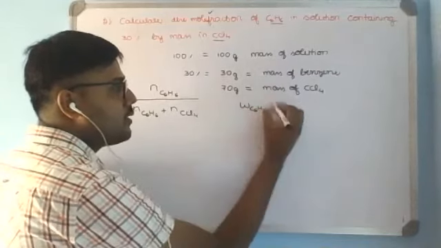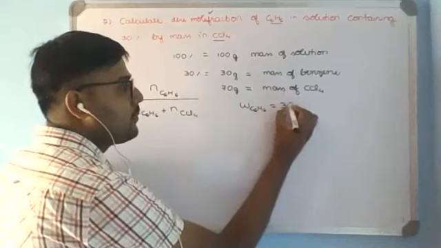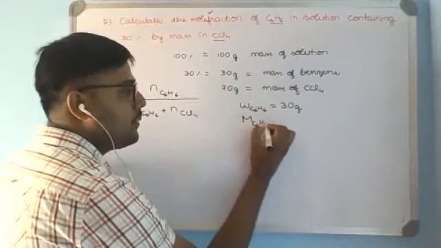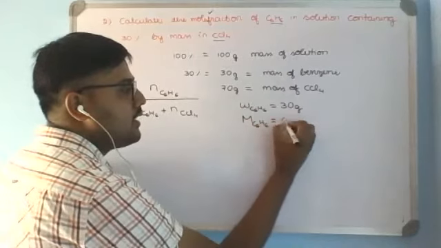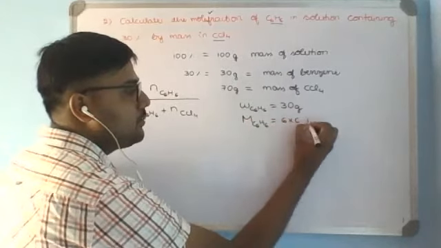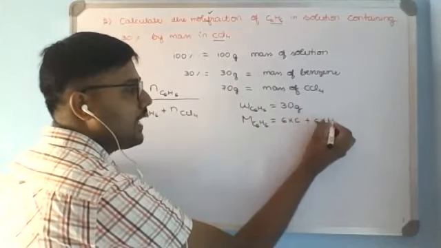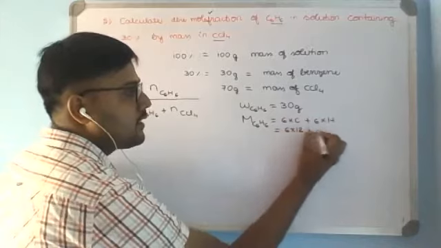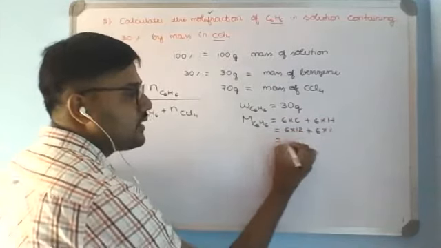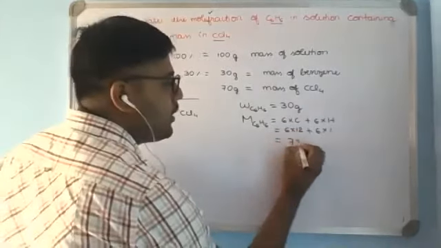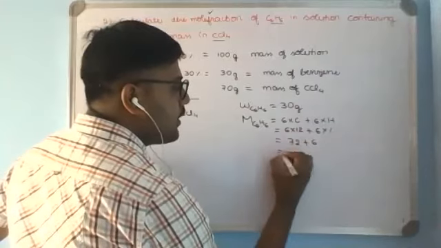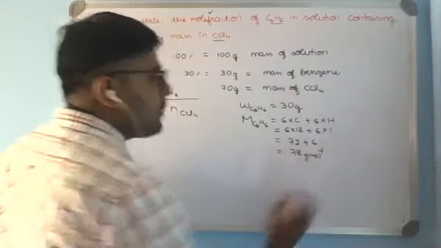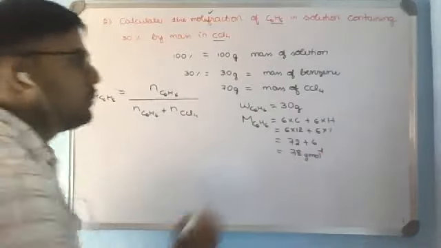The molar mass of benzene is 6 into the atomic mass of carbon plus 6 into the atomic mass of hydrogen, which is 6 into 12 plus 6 into 1. So 6 into 12 is 72 plus 6, which is equal to 78 gram per mole. So the molar mass of benzene is 78 gram per mole.